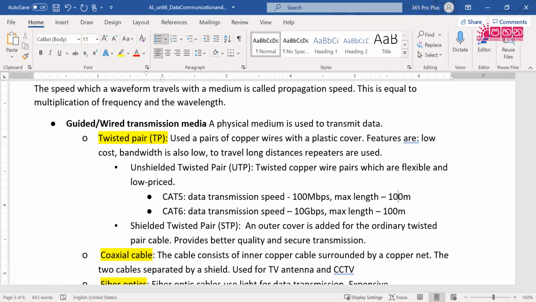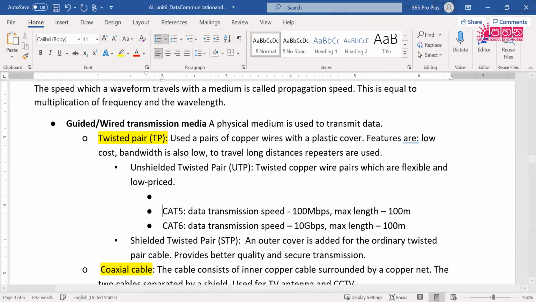If you need Cat1, in the early days, the telephone wires were Cat1. Let me type that one as well. Again, you do not need to remember. This is a very old cable, phone cables. The speeds were around 1 megabit per second, and there's no max length for this, right?